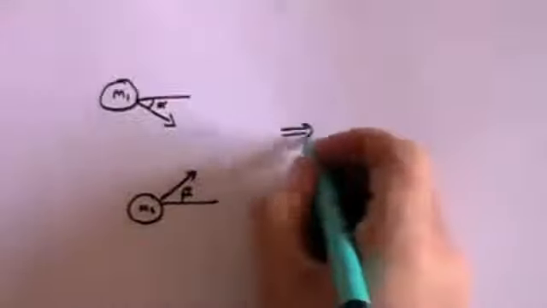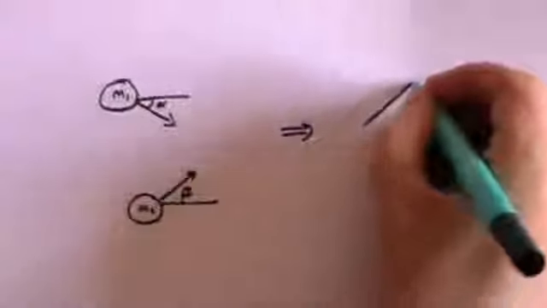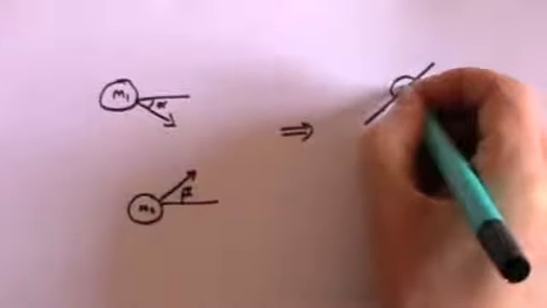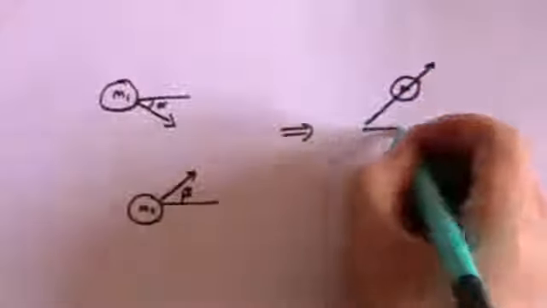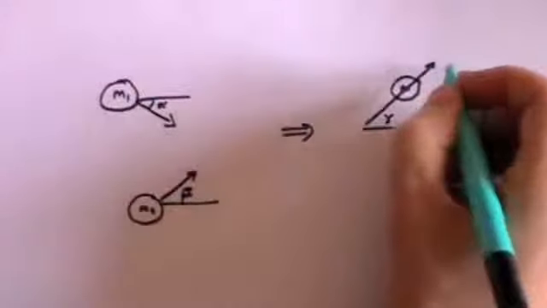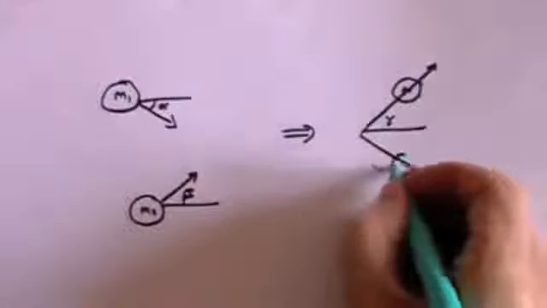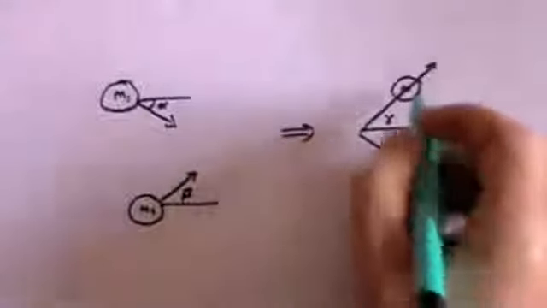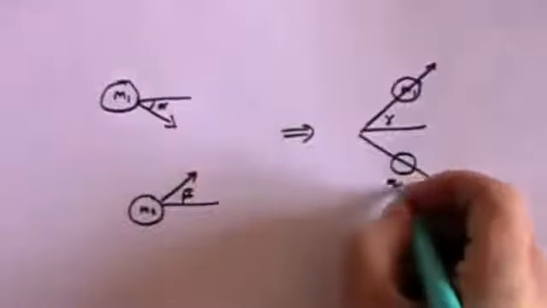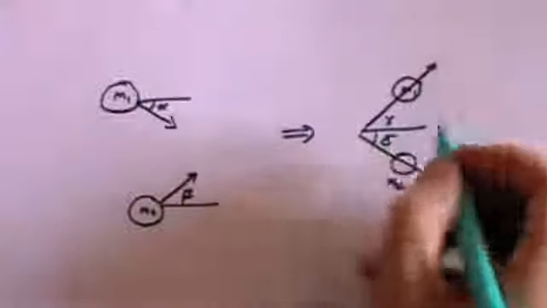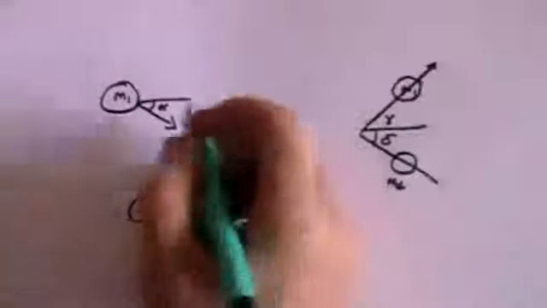And that produces a situation where m1 shoots off in this direction at an angle gamma, and this ball, m2, shoots off at an angle delta. And of course we have to give them velocities.